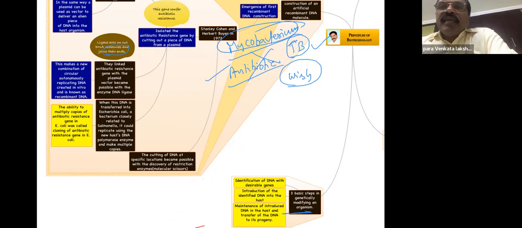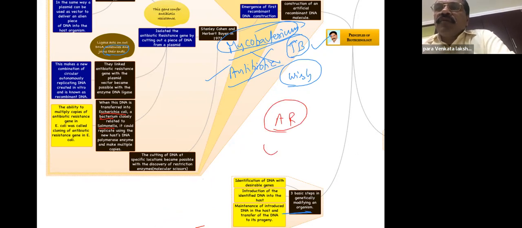When this DNA is transferred into this Escherichia coli bacterium, which is closely related to Salmonella. Okay, what is this Salmonella? From this particular Salmonella only, this antibiotic resistance gene was isolated.